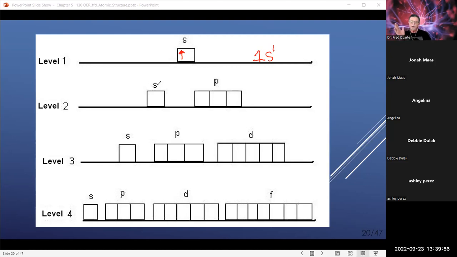Go across the periodic table to helium. Helium has 2 electrons. And so now we can substitute that 1 for a 2. And we show that by another arrow, and I put that in the opposite direction.